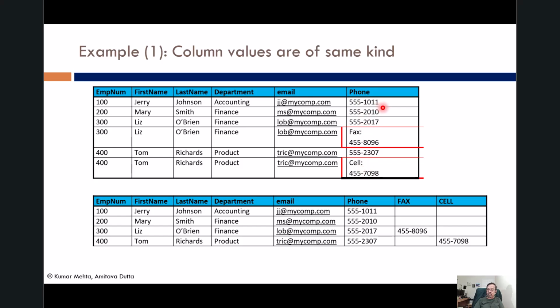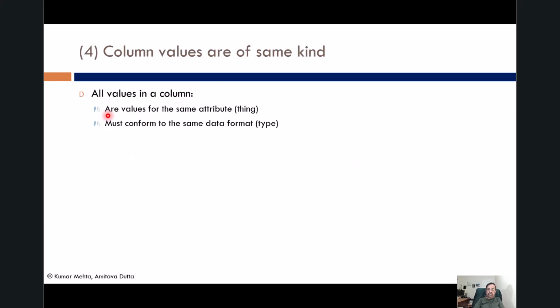It's 7 digits long: 3 numbers, a dash, followed by 4 numbers. That's exactly the same format for all the values. Therefore, it meets the second condition, that all the data have the same format.